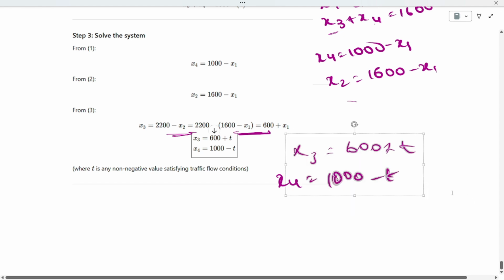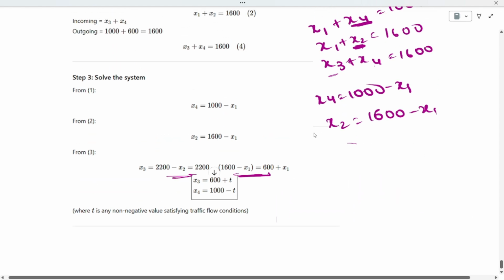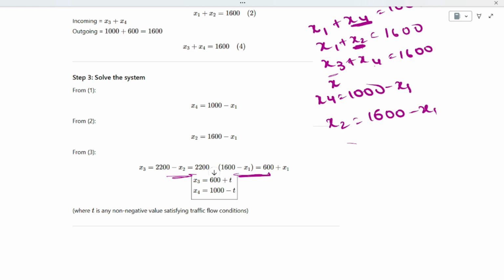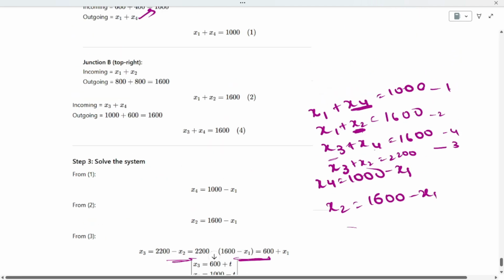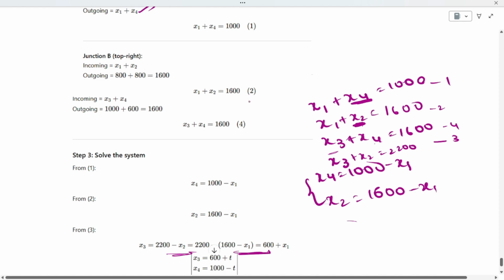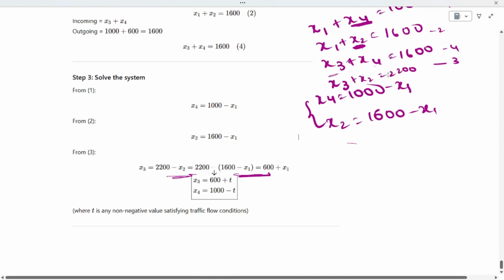See, here again I'll try to explain this. Another equation: x3 plus x2 will be equal to 2200. This is 3, this is 4, this is 2 and this is 1. You try to solve this. If you solve that, it is written as x3 is equal to 2200 minus x2. That means x2 is 1600 minus x1.